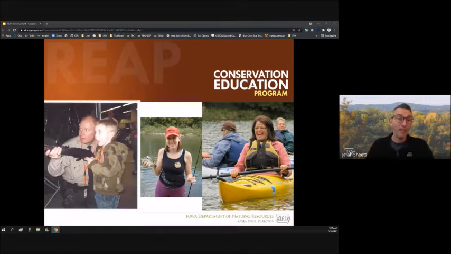Let's explore what happens after you submit a grant request. Review of the applications is conducted independently by each board member and then submitted to the board administrator, me. I average the scores to create an order of discussion for the upcoming agenda for the public meeting. This is not an order of funding, but rather an order of discussion for the board to keep things moving forward and organized.